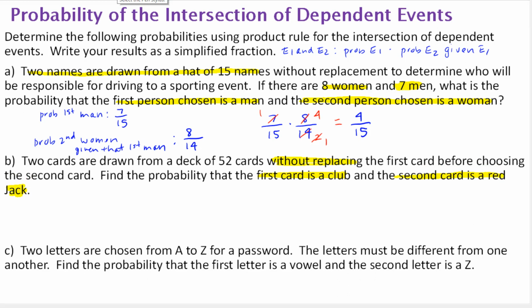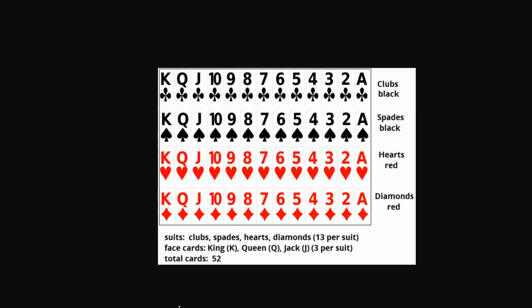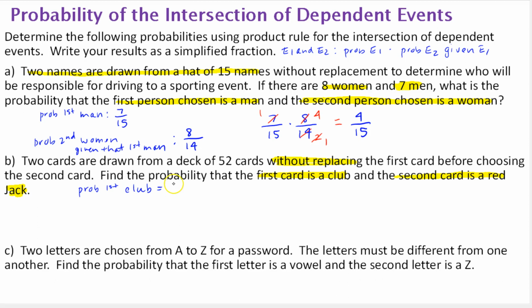So the probability of the first card is a club. Well, again, looking at our cards, here are the clubs, which is 13 out of 52, or 1 out of these 4 rows. So you can write that as 1/4.